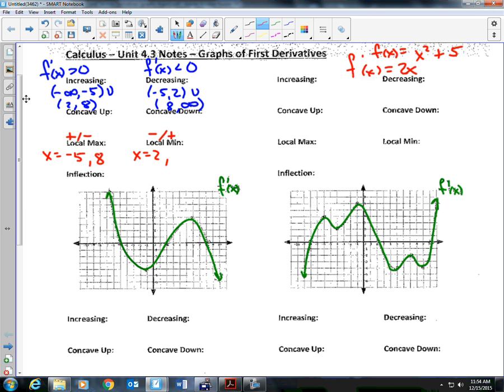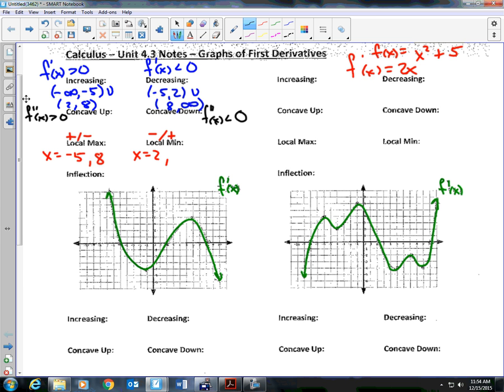Okay, concave up and concave down. A little bit trickier in this situation, but we want to determine where f double prime of x is greater than 0 and where f double prime of x is less than 0. So in order to see f double prime, right now I'm looking at f prime.